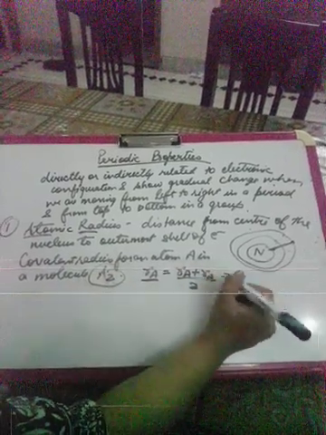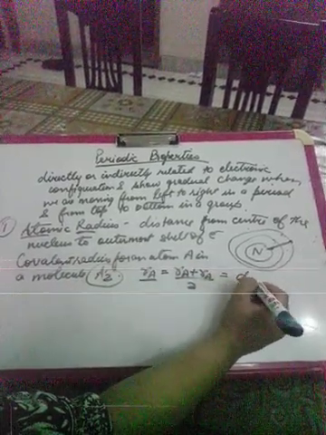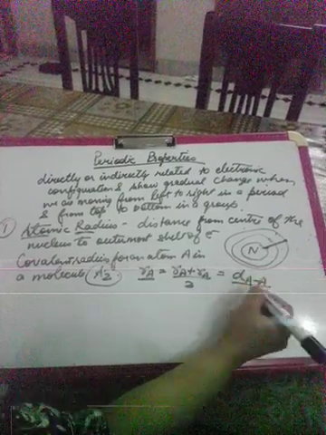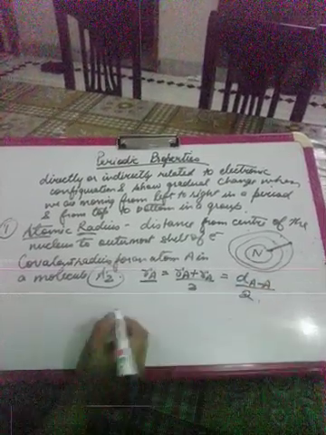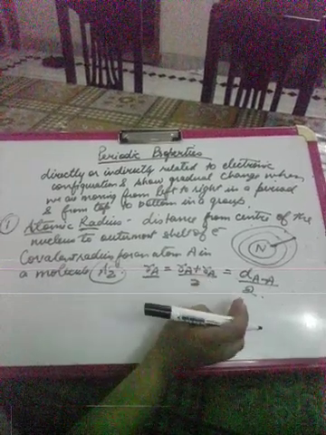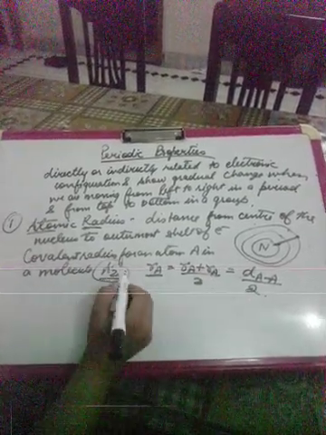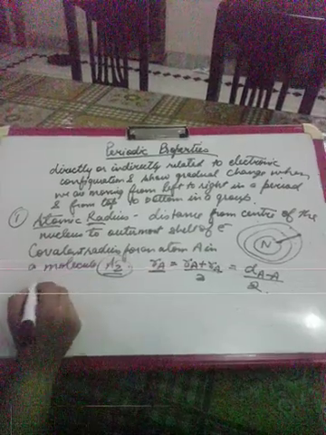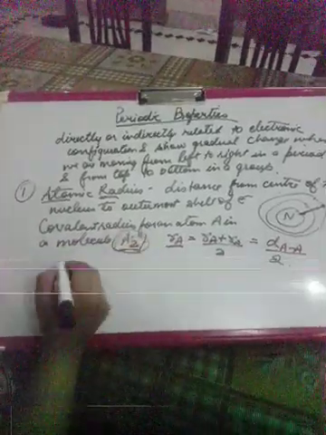So RA plus RA, you can say, is DAA by 2: the diameter of the whole molecule of A2 divided by 2. This is the homoatomic molecule.